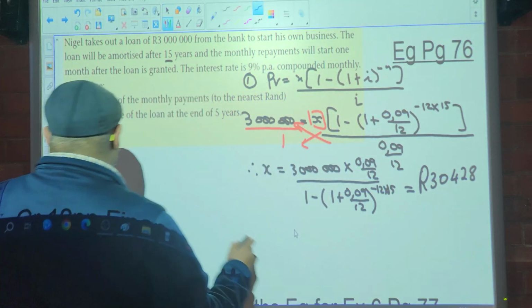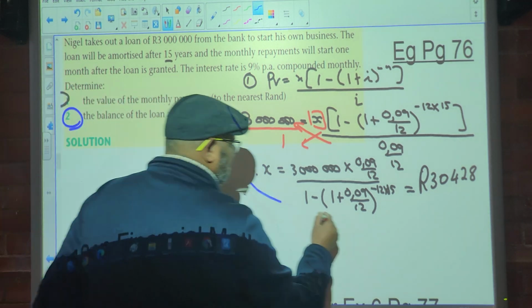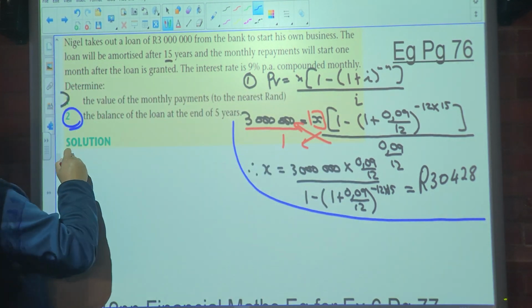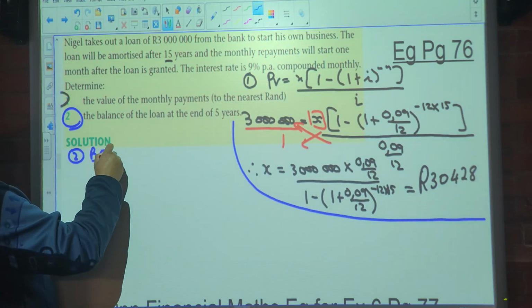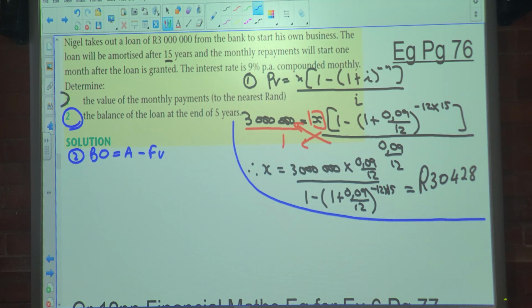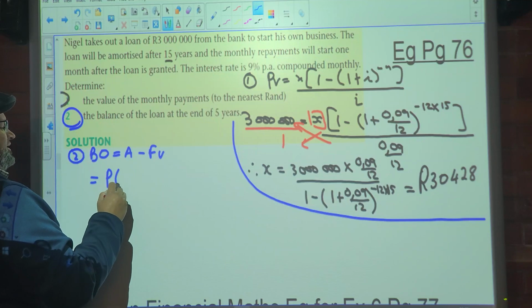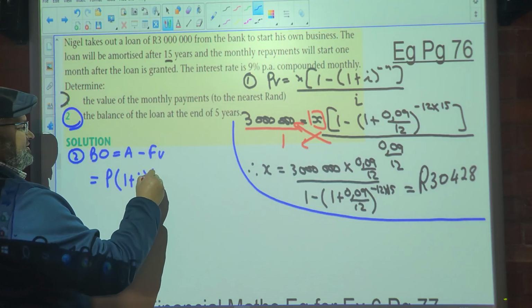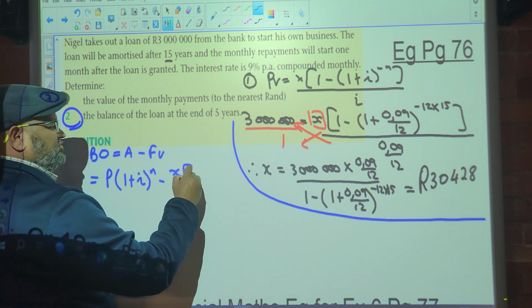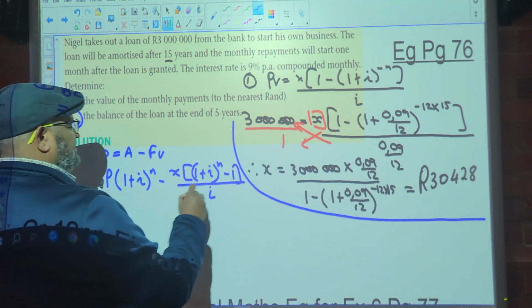Now in number 2, the second question says determine the balance on the loan at the end of 5 years. So to calculate the balance on the loan, balance outstanding is equal to A minus FV. A is your compound interest, so P into (1 plus i) to the exponent n, minus FV. The FV formula is x into (1 plus i) to the n minus 1, all over i.